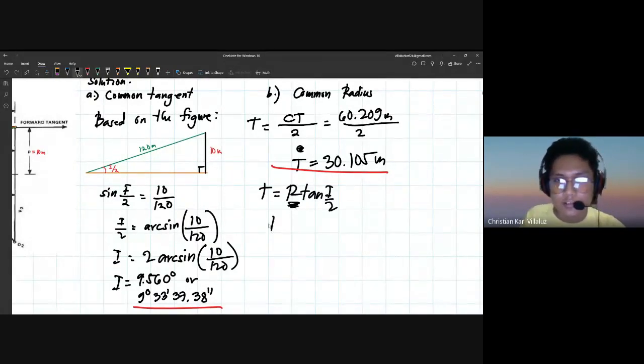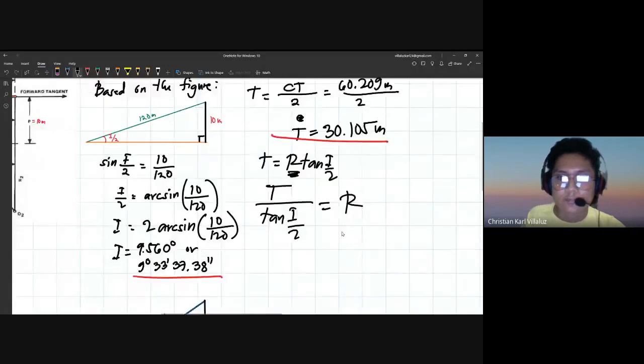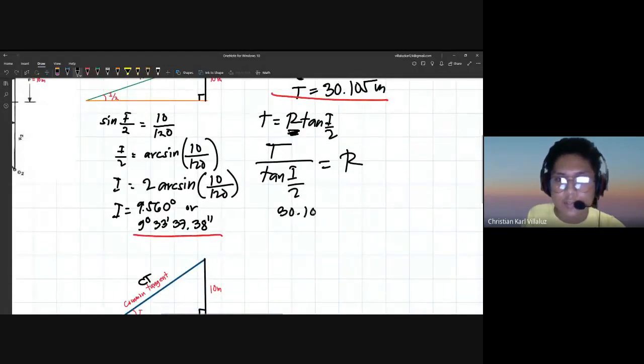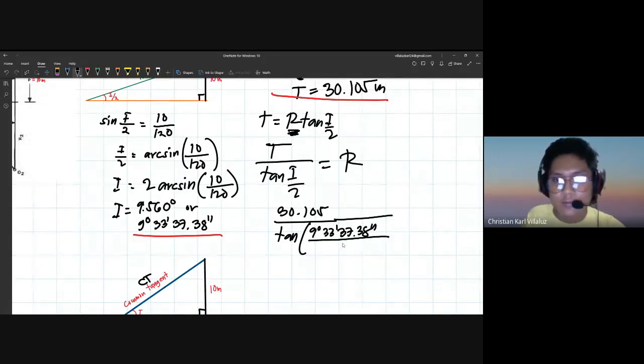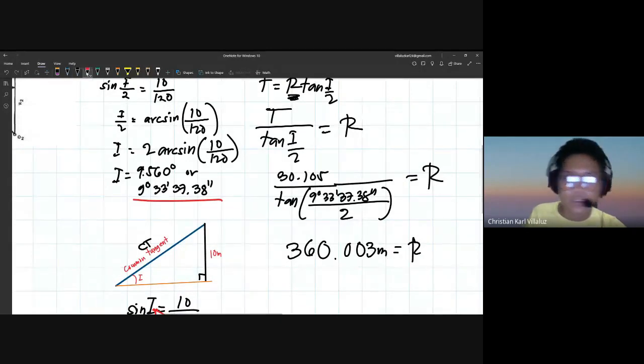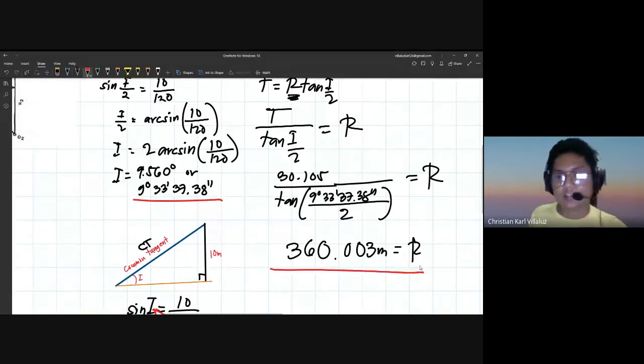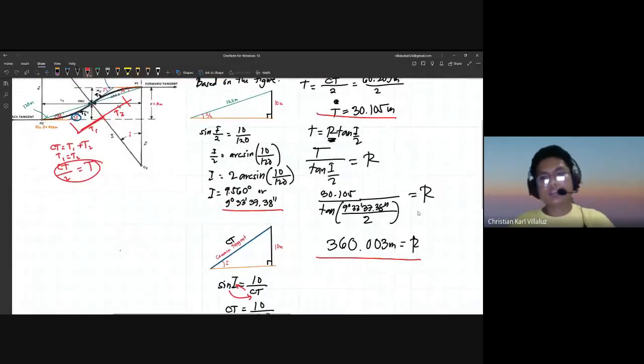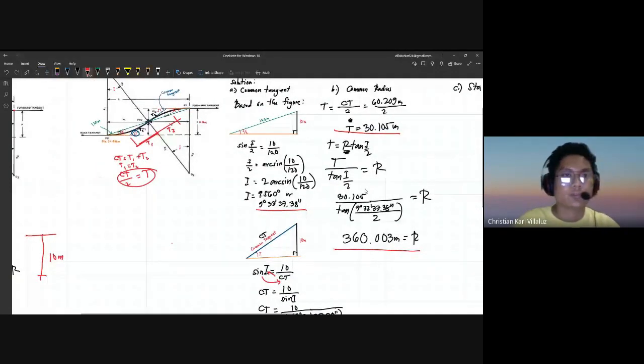So required is R. Divide both sides by tangent I over 2 equals R. Substitute na natin 30.105 over tangent of 9 degrees, 33 minutes, 37.38 seconds divided by 2 is equals to R. So R is equals to 360.003 meters. That's your answer for the equal radius. Parehas lang naman.